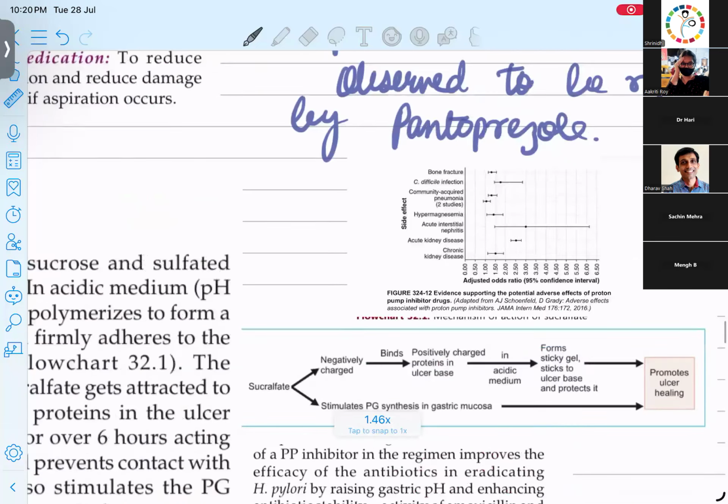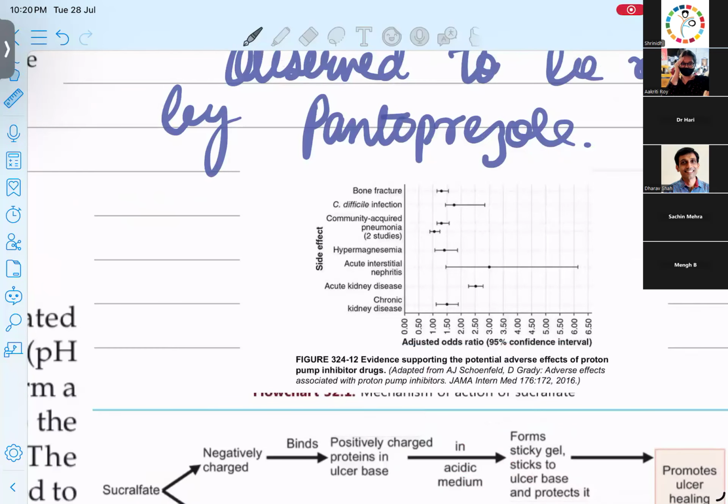So this table is taken from Harrison. The potential adverse effects of long-term proton pump inhibitors I mentioned are majorly because magnesium, iron, and different absorptions are impaired.